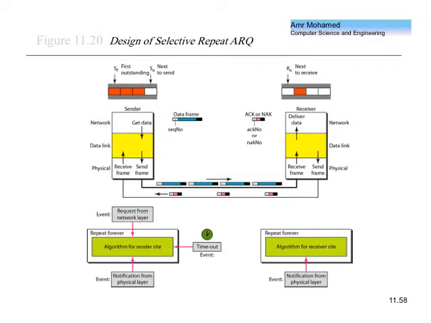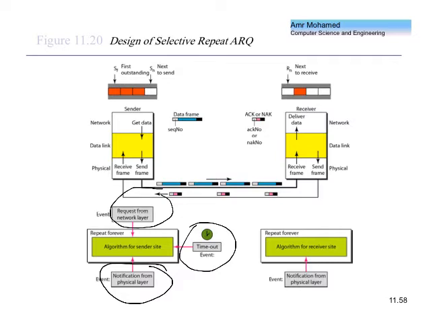So in terms of high level, again, it's the exact same 3 events. The sender will expect the request from the network layer, or the arrival of the acknowledgement, or the timeout. One thing to pay attention to here is that the timeout for the sender has to be associated with the frame number.